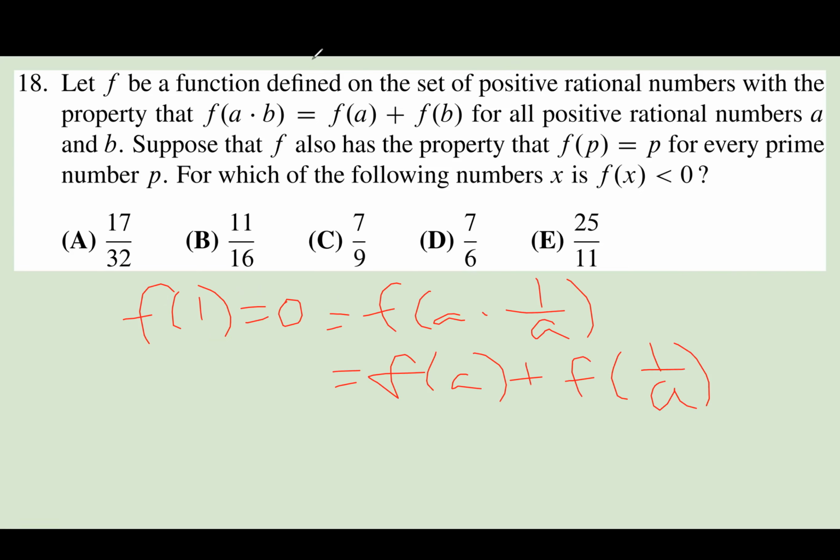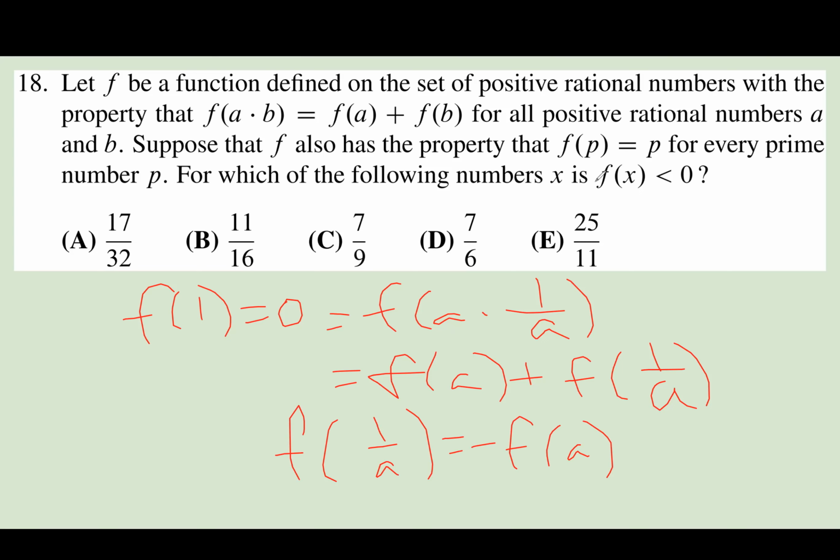So what does that tell you? Well, that tells you that f of 1 over a for any integer a equals negative f of a, right? Does that make sense?